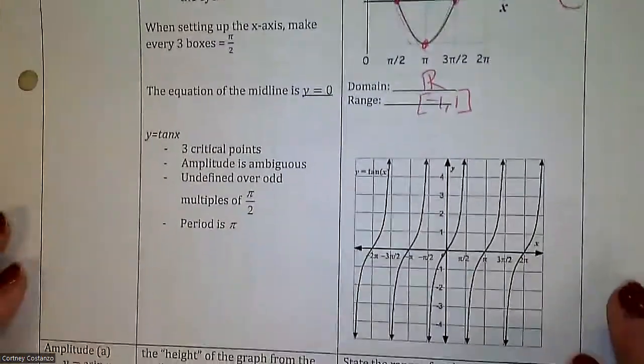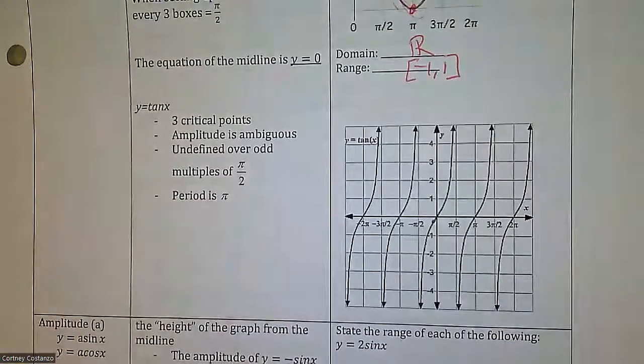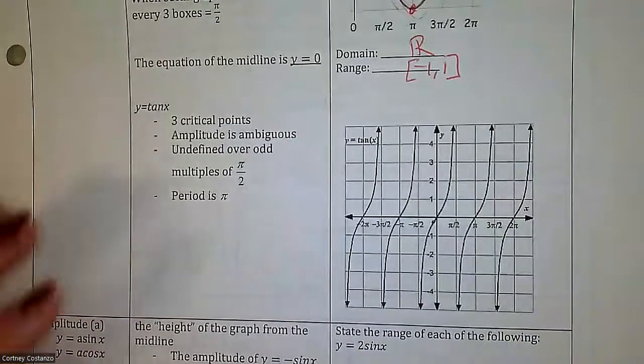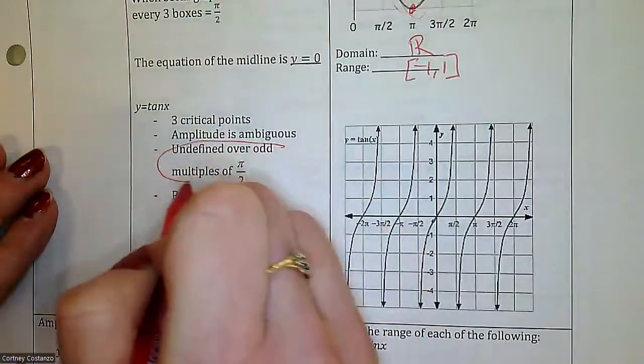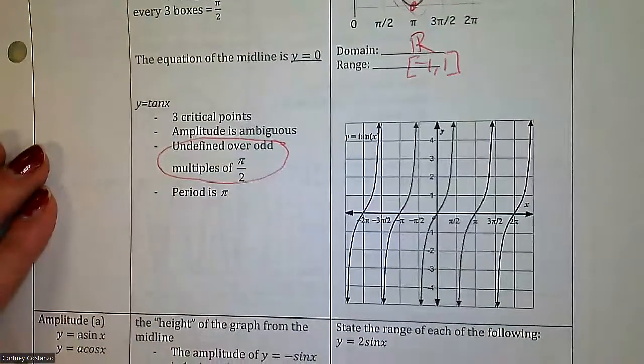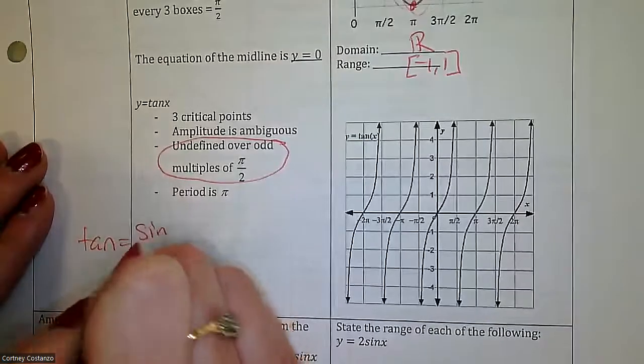Tangent, we only did about 1 day on tangent. Tangent is very unique. I kind of think it looks like little snakes across the graph. The big thing about tangent is that you have to understand that it's undefined at odd multiples of pi over 2. So anytime you find tan of 90, remember tan is sine over cosine.